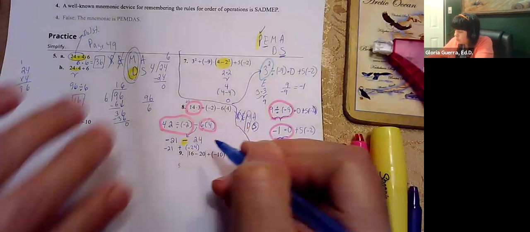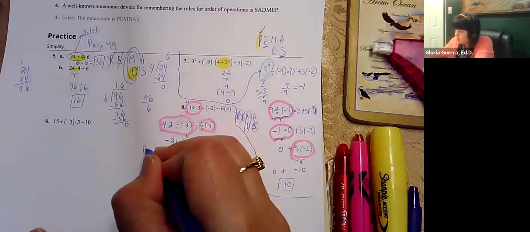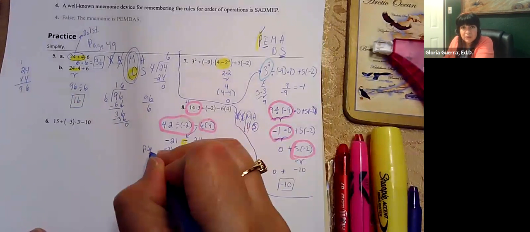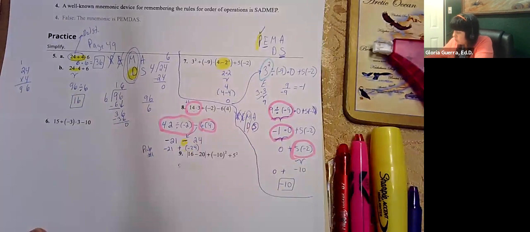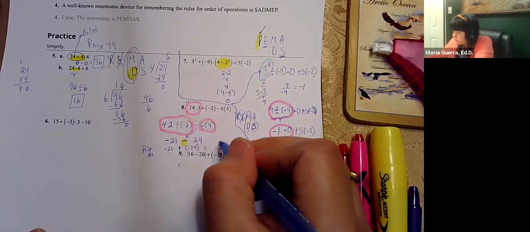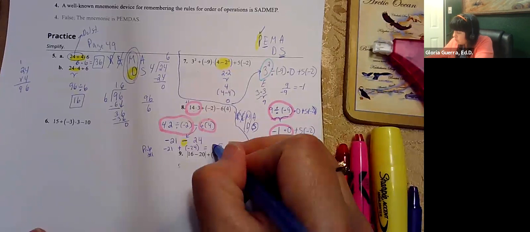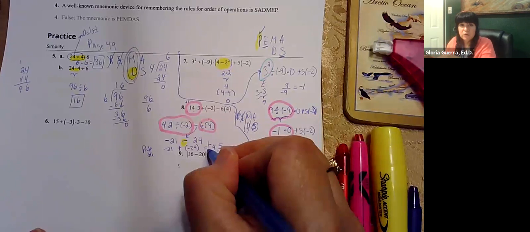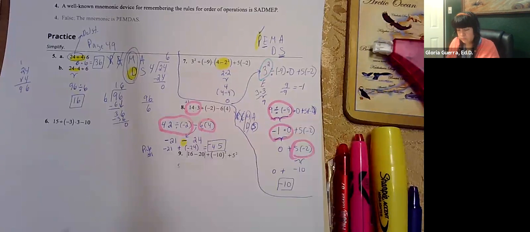And now that's rule number 1. A negative plus a negative is a negative. So you add that up, 4 and 1 is 5. 2 and 2 is 4, and then it's a negative. So there's your -45.